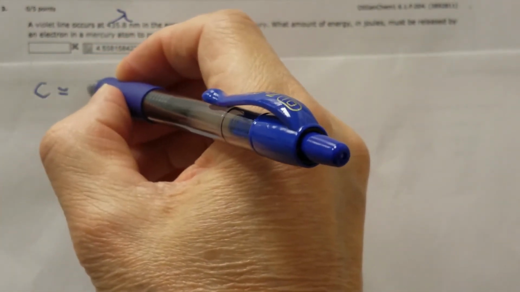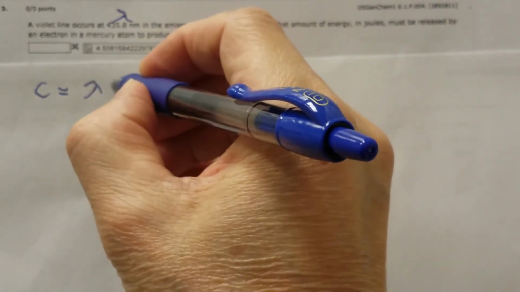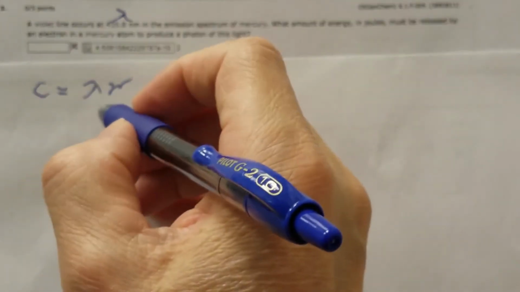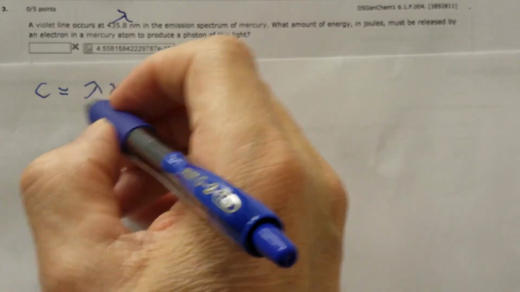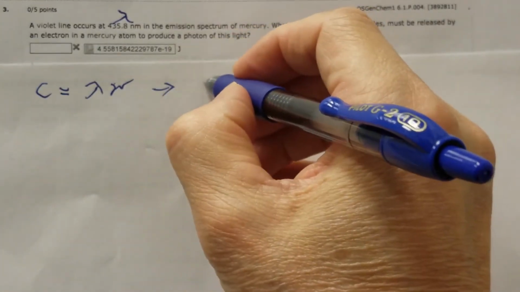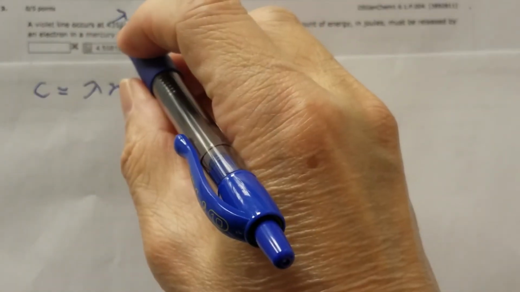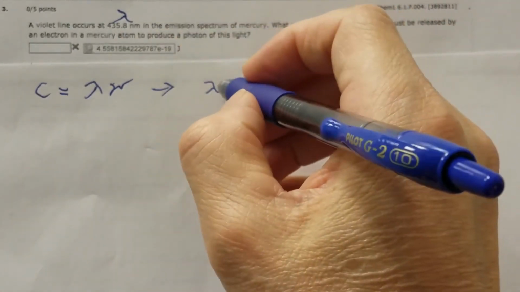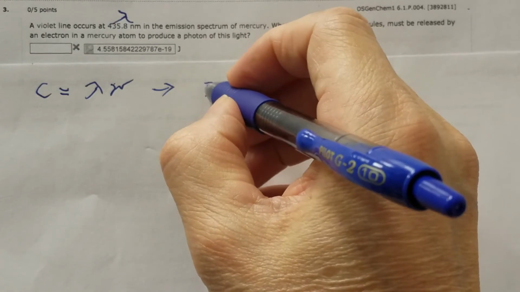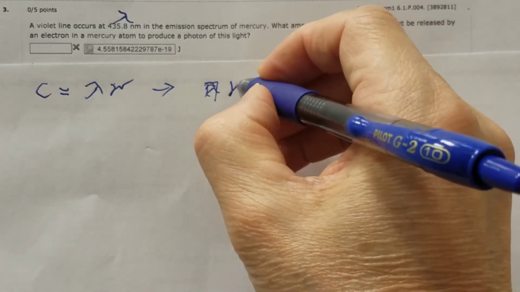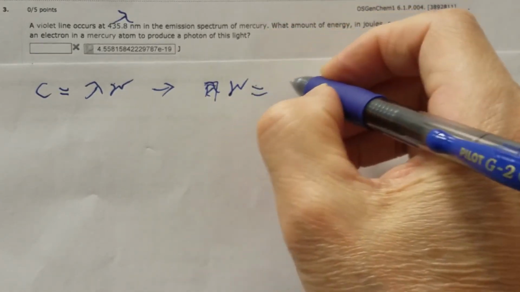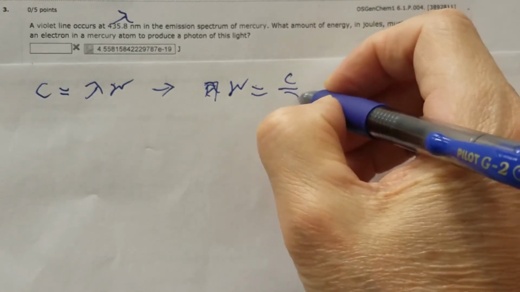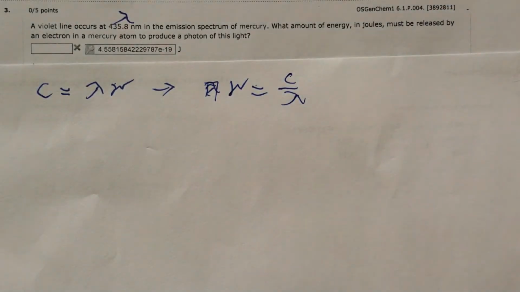Okay. So remember, light or radiation behaves both as waves and particles. As waves, c equals lambda nu. From this equation we should be able to find out, because we know lambda in this case, the frequency: nu equals c over lambda. So that's the wave nature of radiation or of light.